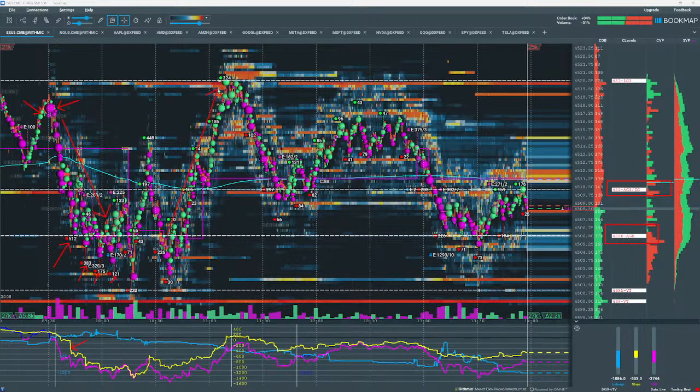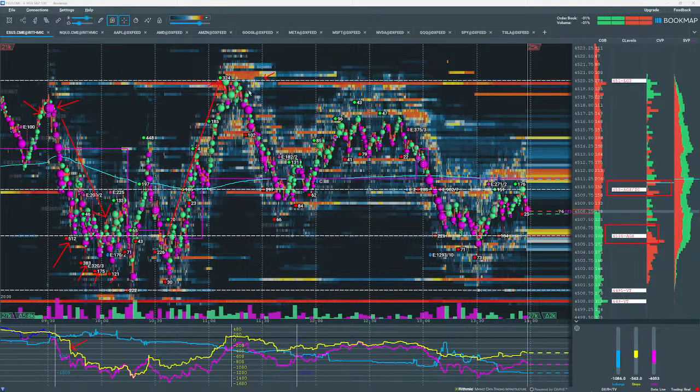Price moves higher, back up to the 451 level. And the order flow was not as clear here. There were still some aggressive buyers up here with the green volume dots, but finally aggressive sellers start to come in.